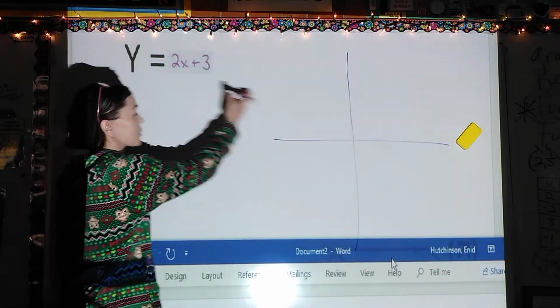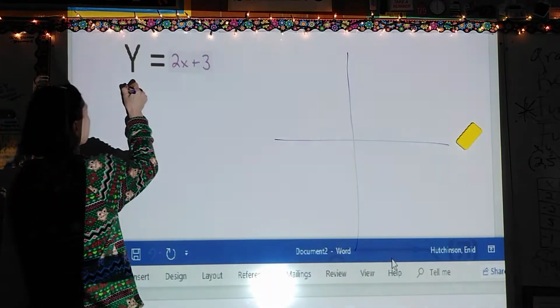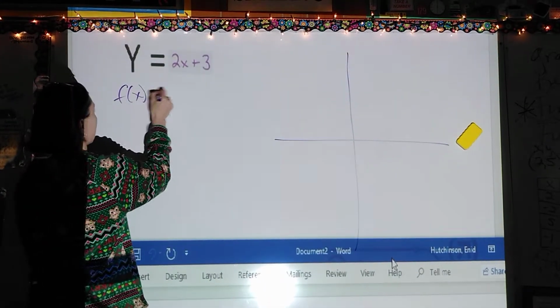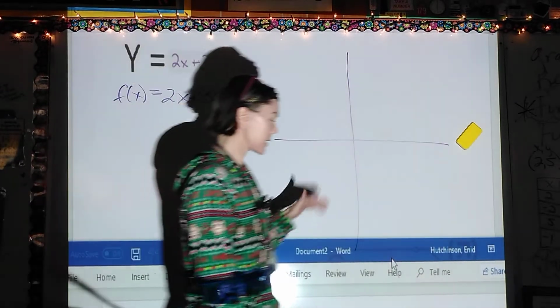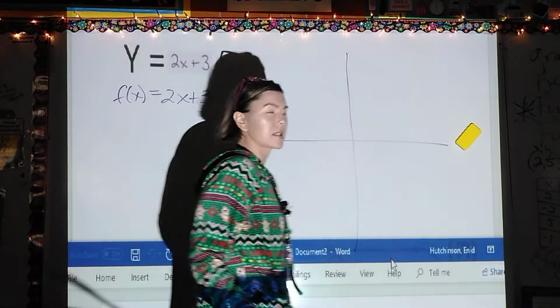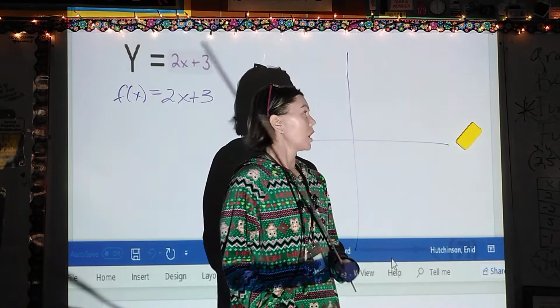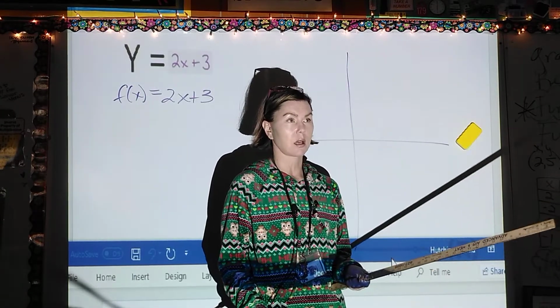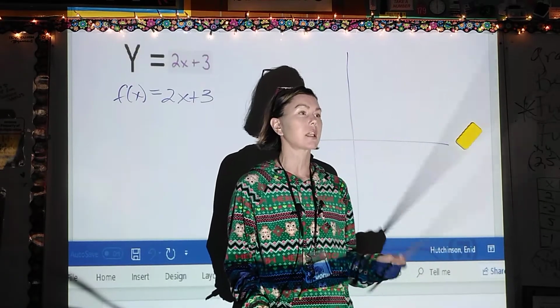I want you to write y equals 2x plus 3, okay? And I also want you to write f of x equals 2x plus 3. Write both of them. Because here's the thing. First period, I realized that I am going to change my way of teaching linear equations, from now on, because I'm not going to call them just linear equations.